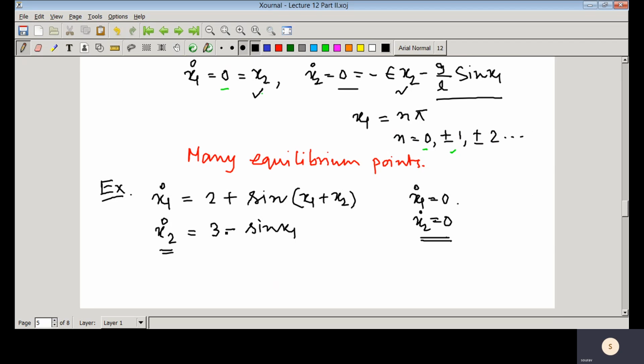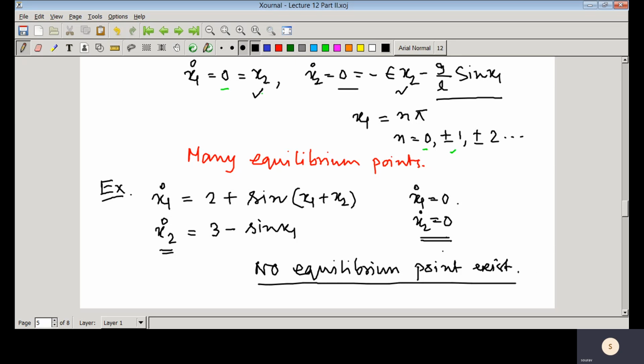So in this particular case, no equilibrium point exists.